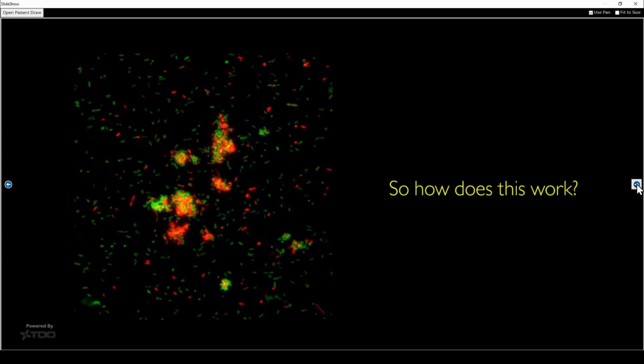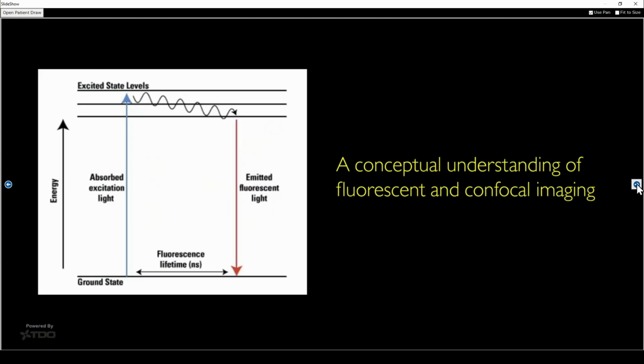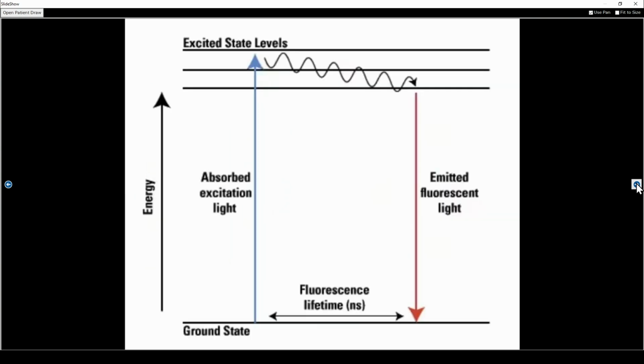For those not familiar with how fluorescent probes work, the probe attaches to some protein or carbohydrate in the biofilm and then is excited with a certain frequency light called the excitation light.